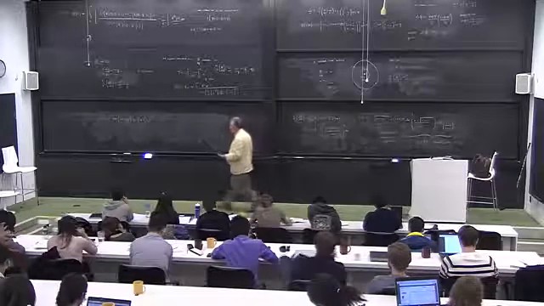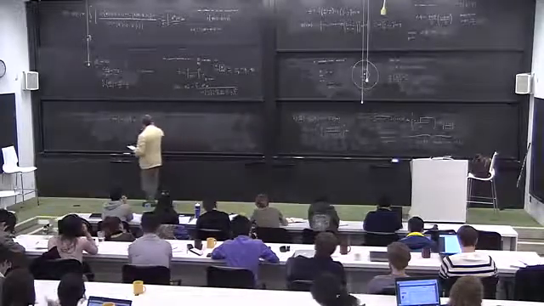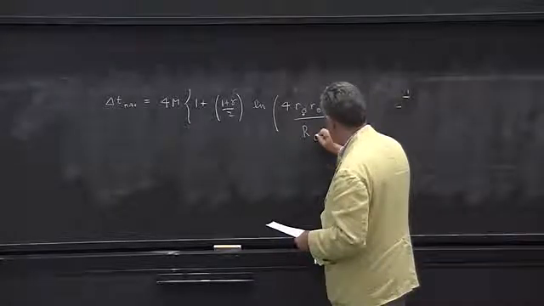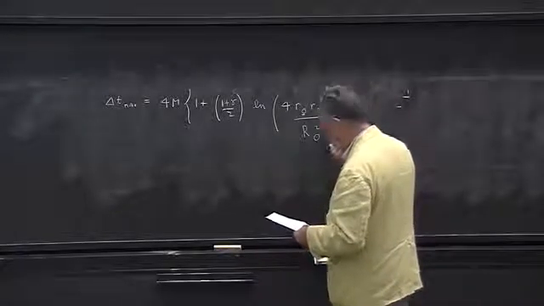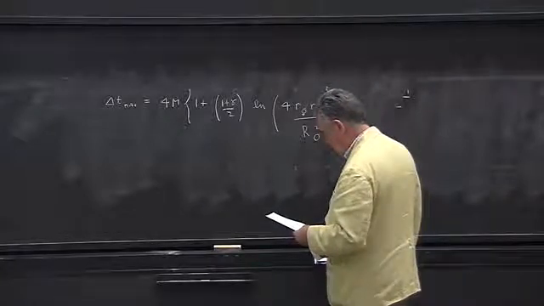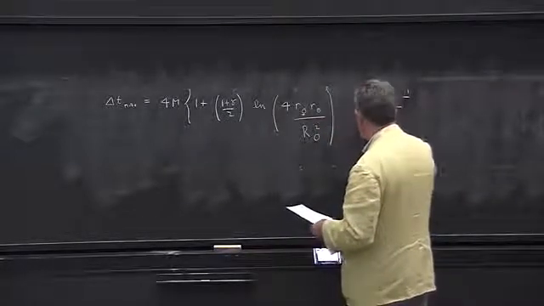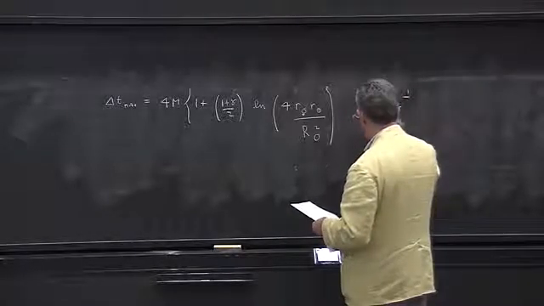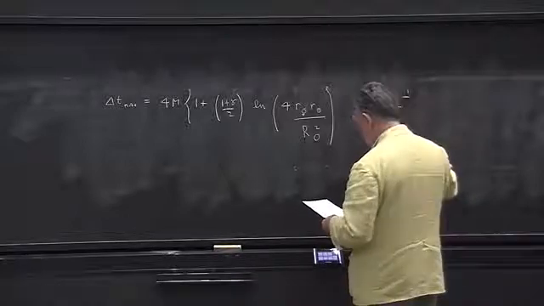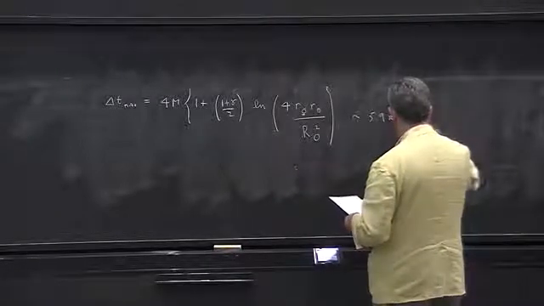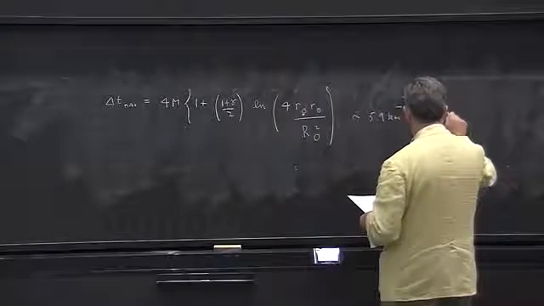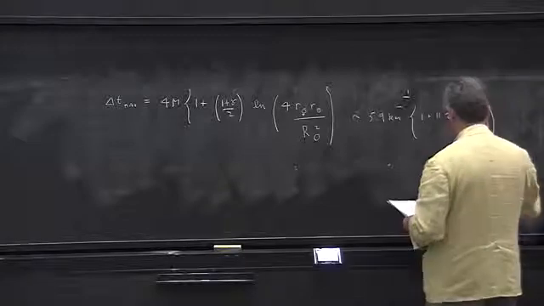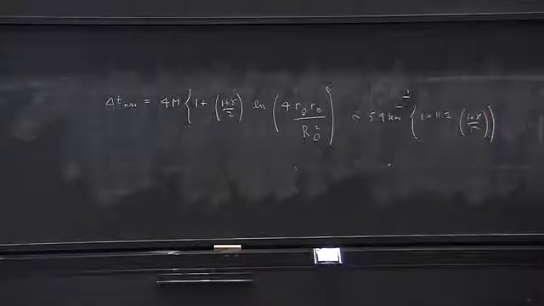Radius of the Earth's orbit over the radius of the Sun squared. Which is approximately 5.9 kilometers times 1 plus gamma over 2. And that will be in units where c equals 1.